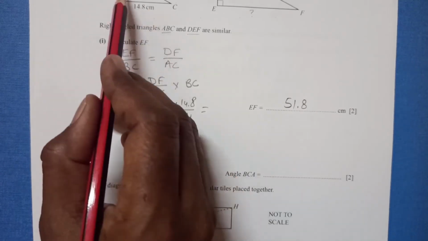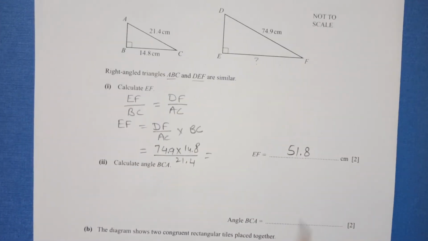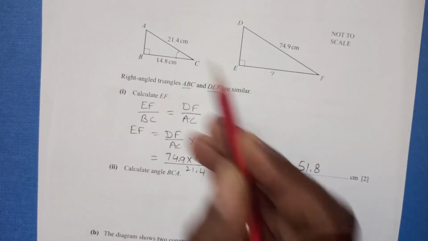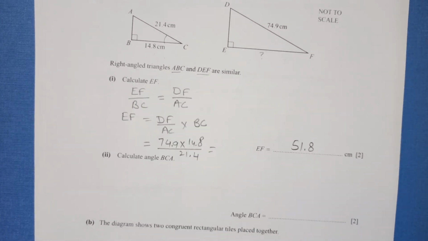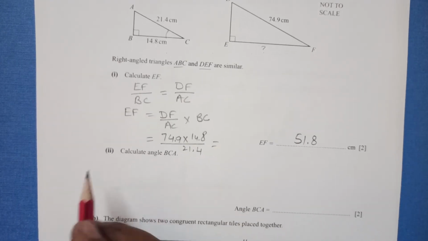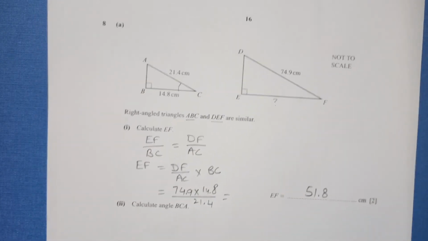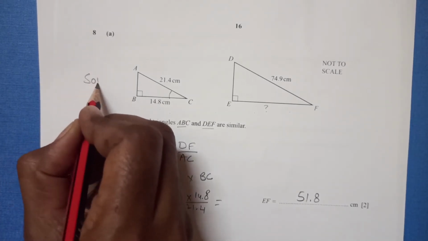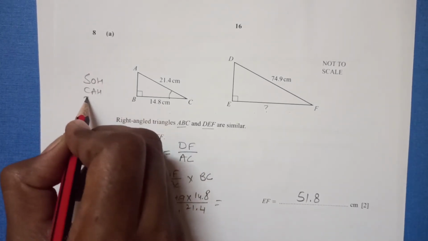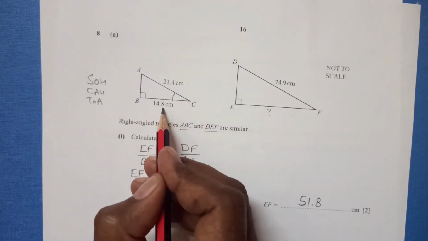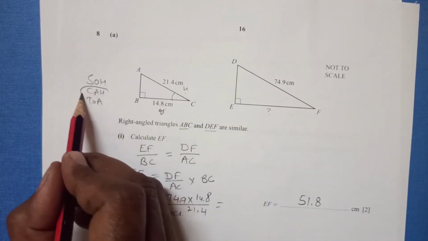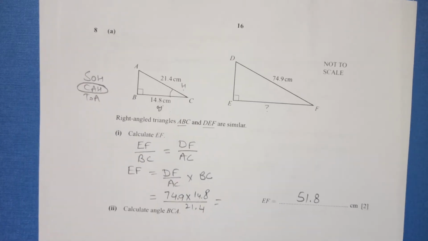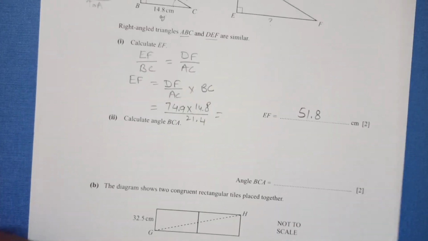Now where is angle BCA? It's here. So we have two sides here, and we can use cos. This side is adjacent and this is the hypotenuse.